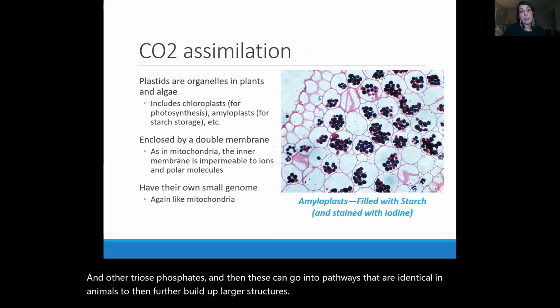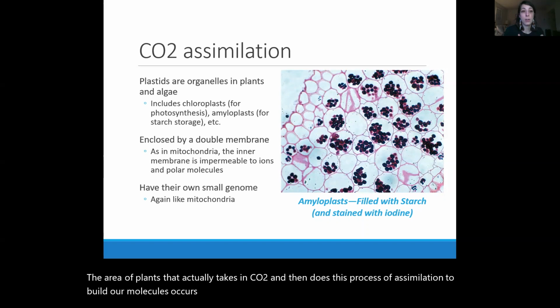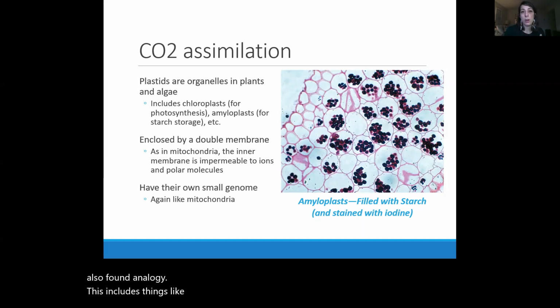The area of plants that actually takes in CO2 and then does this process of assimilation to build our molecules occurs in areas called plastids. Plastids are organelles in plants and they're also found in algae. This includes things like chloroplasts, which are a type of plastid that's used for photosynthesis, and we just looked at that.